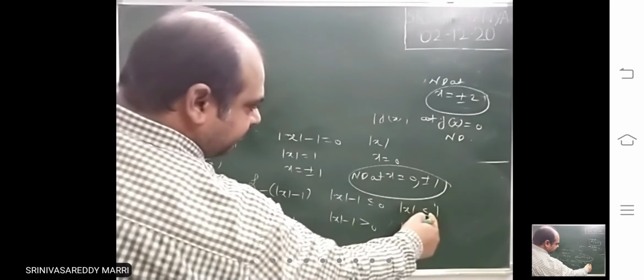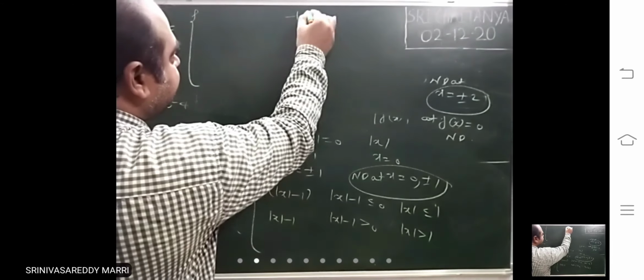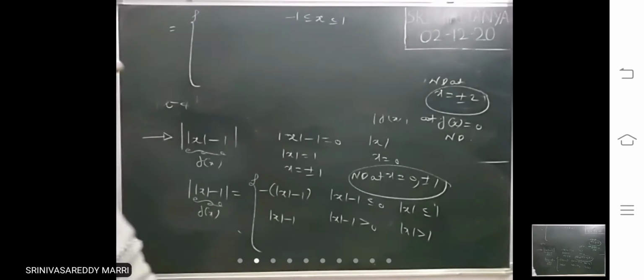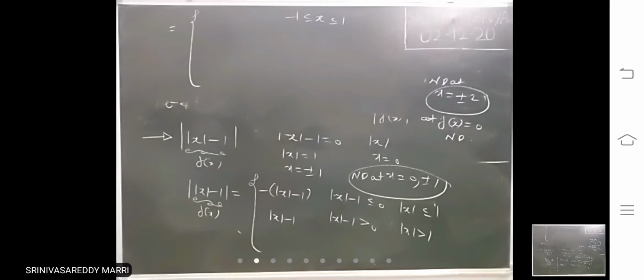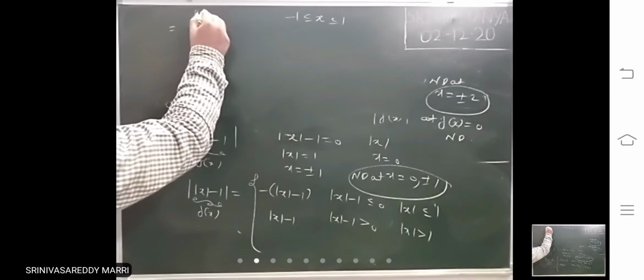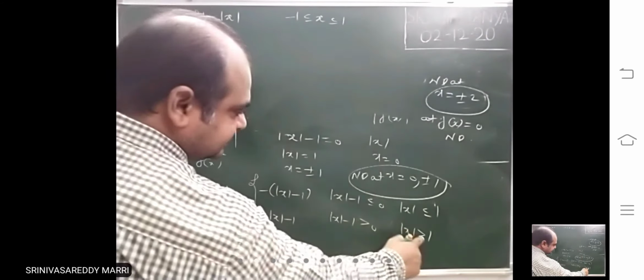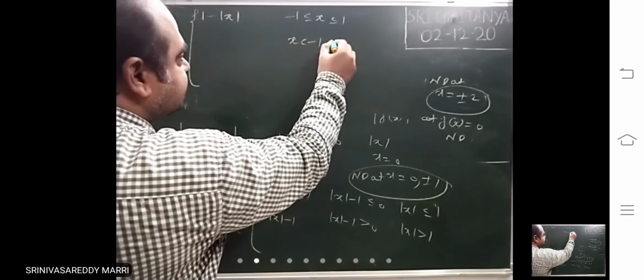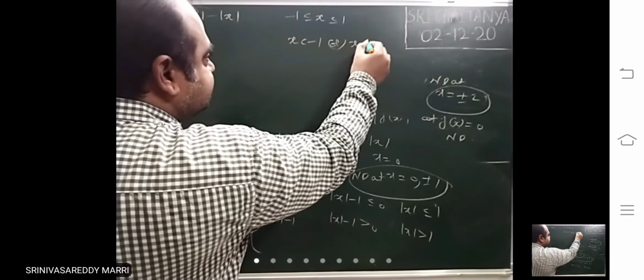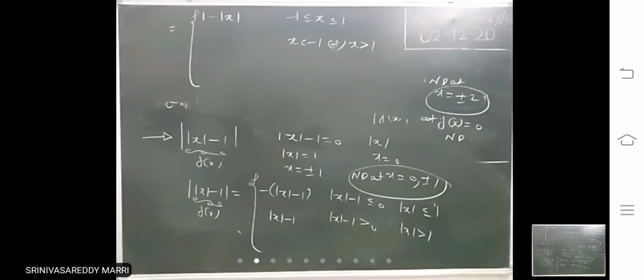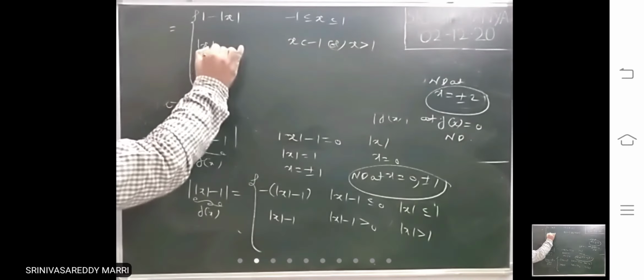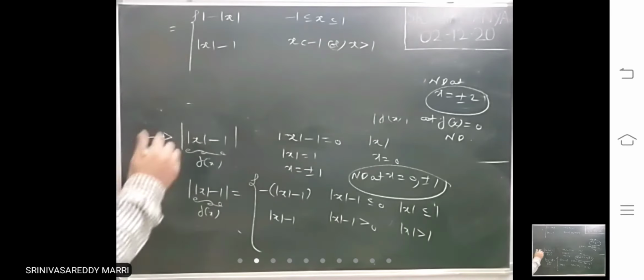I have told you modulus x less than or equal to a means minus a less than or equal to x less than or equal to a, so x lies between minus 1 and 1. That gives 1 minus modulus x. Modulus x greater than a means x less than minus a or x greater than a, and the definition is modulus x minus 1.